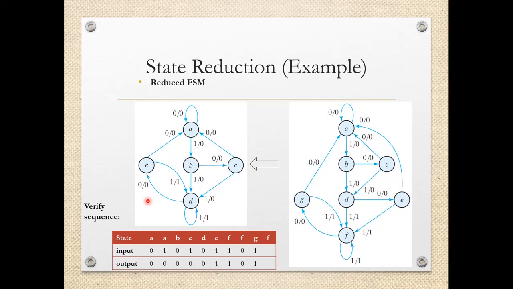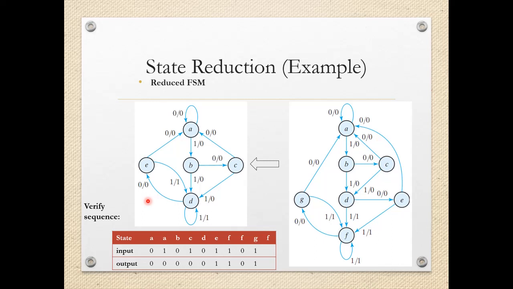And again you can check the functionality of this state diagram. So whenever you are in state A, if 1 comes, go to state B. If 0 comes, remain in state A itself, same as this.